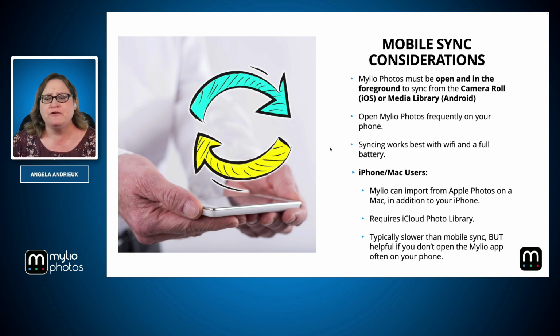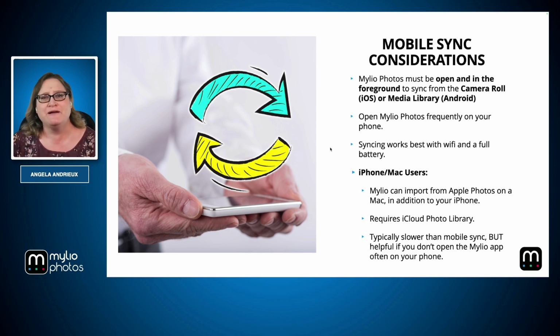If you are an iPhone user and you also have a Mac, you also have the option to add Apple Photos on your computer. This gives Mylio a second place to pull those photos from. So if you have iCloud Photo Library enabled, meaning your phone and your Mac both have Apple Photos, those two talk to each other directly, and that means Mylio can pull pictures from either source.